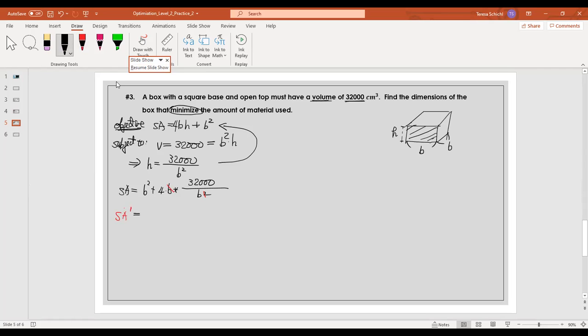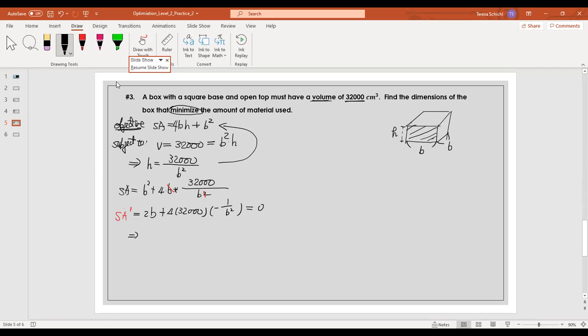This is 2b, and then 4 times 32,000 times 1 over b. The derivative of 1 over b is negative 1 over b squared. This will be equal to 0.